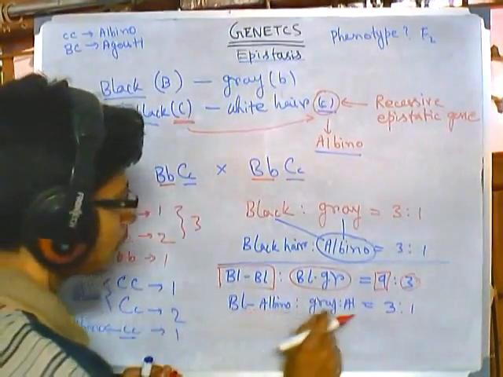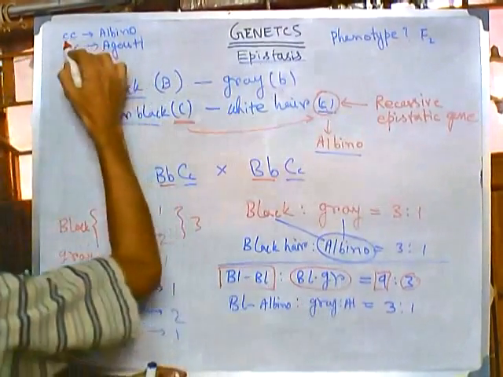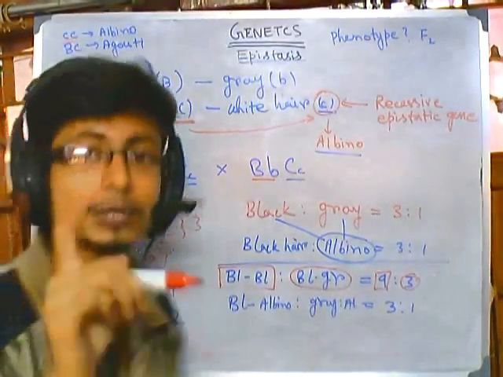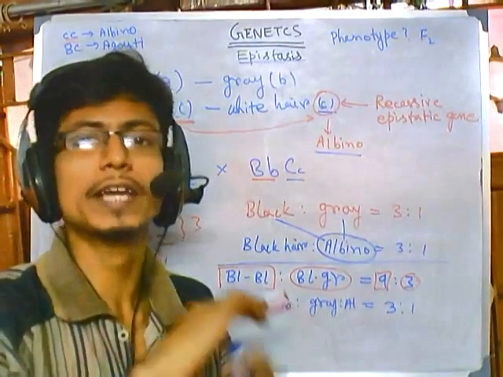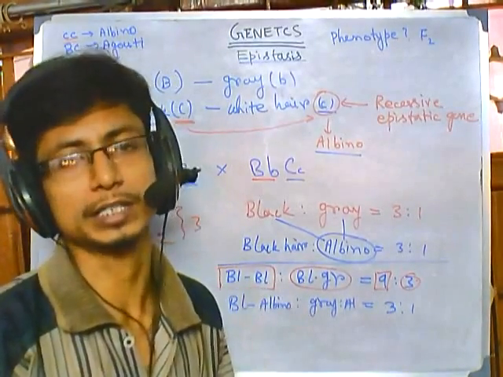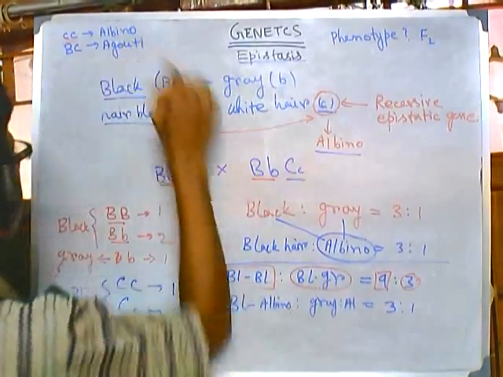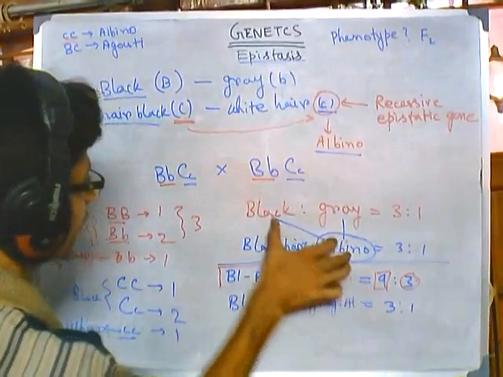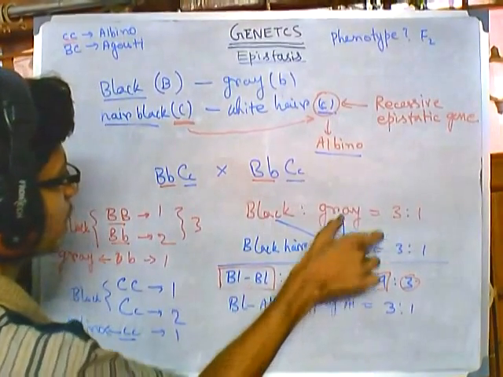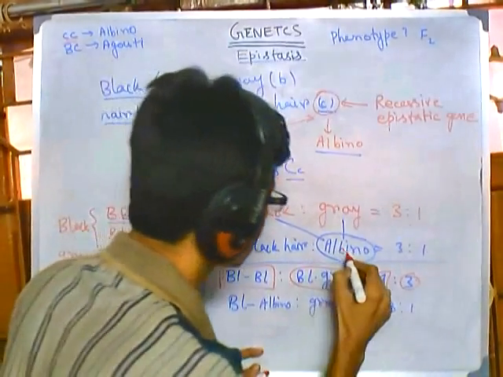Now black albino and gray albino, wherever the genotype for albino, that means two small c's are present, as these two small c's are epistatic genes, they are going to suppress the action of any kind of black coat color gene or gray coat color gene. So whenever we have two small c's, in both of these cases, because black hair coat color with albino here, gray coat color with albino here, there are always two small c's present in albino.